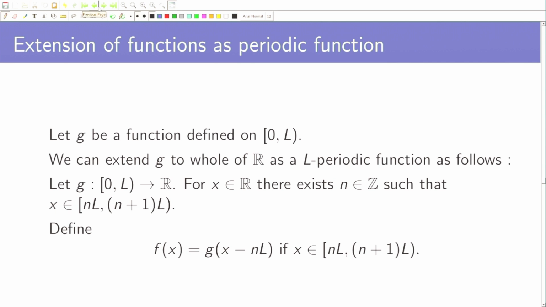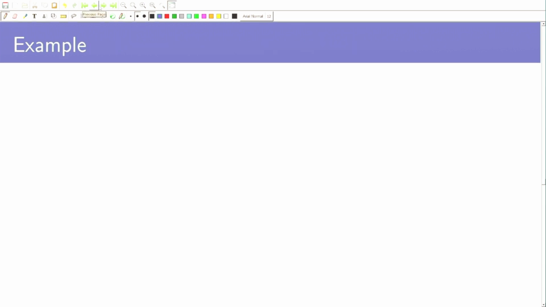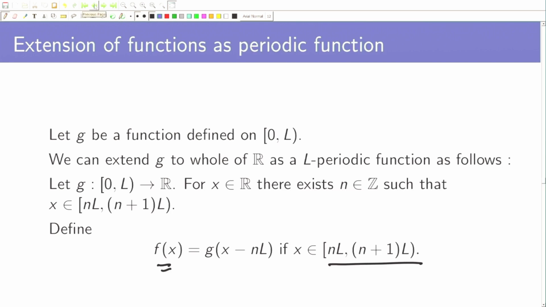So, you define a new function f of x, which is equal to g of x minus n L, if x is lying between here. Now, this f is defined throughout R, and if I take f of x plus L, then like the last time, we are going to get that f of x plus L is equal to f of x.